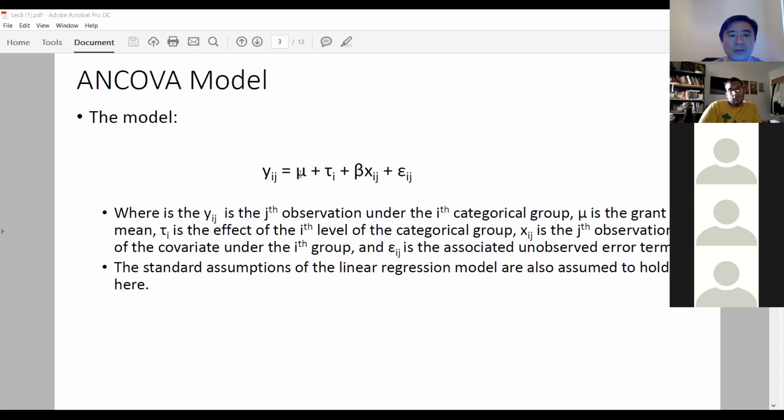ANCOVA is a combination, so you have a grand mean here, and then you have the treatment effects, tau i, but you can also adjust for a covariate x_ij, which is a continuous variable. So this is similar to combining linear regression with ANOVA.